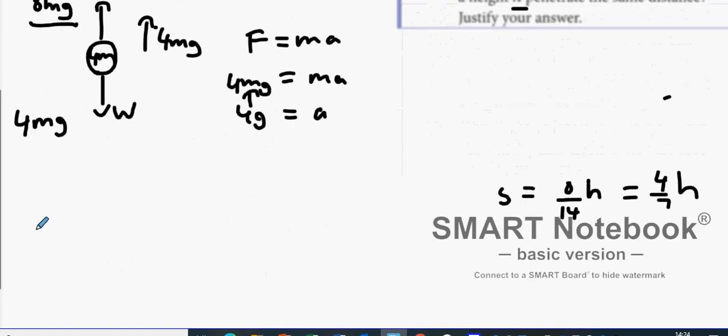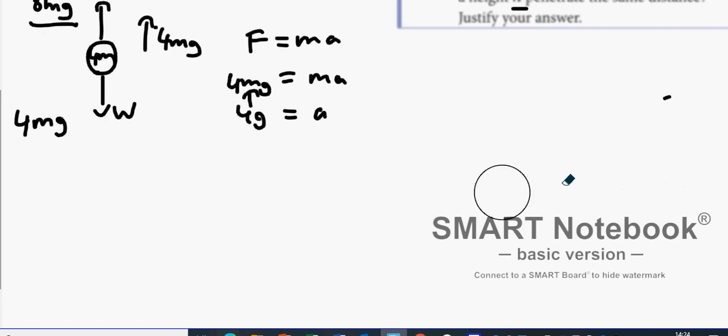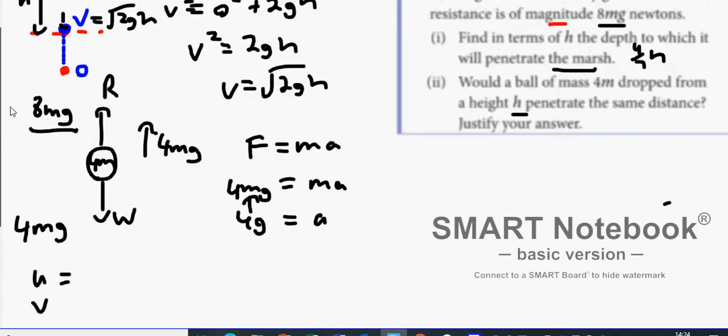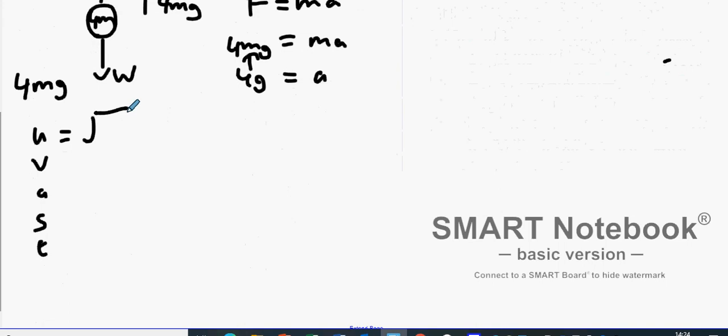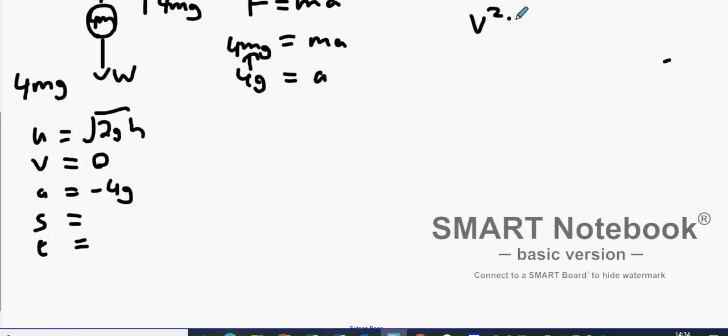So we do SUVAT one more time. Right. u is root 2gh. v is 0. a is minus 4g. s is what we're looking for, and t we don't know. So once again, we're going to do v squared equals u squared plus 2as. v squared is 0. u squared is 2gh.